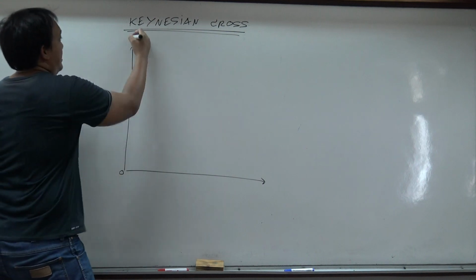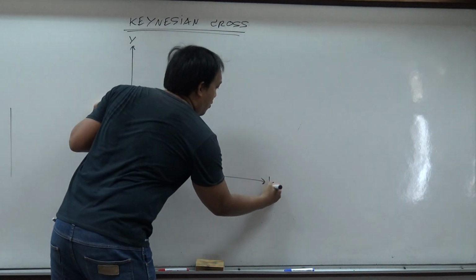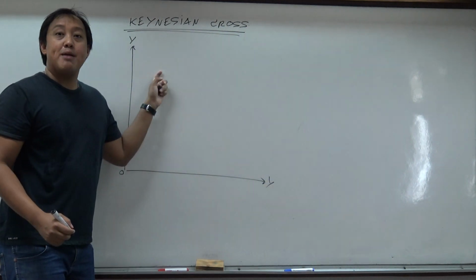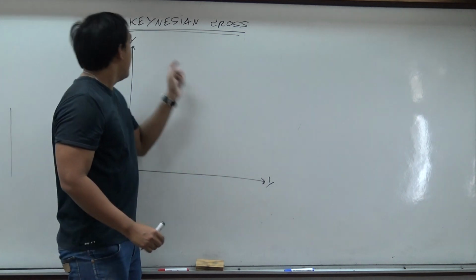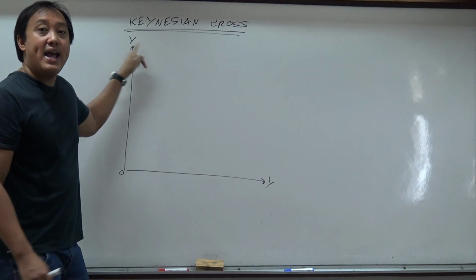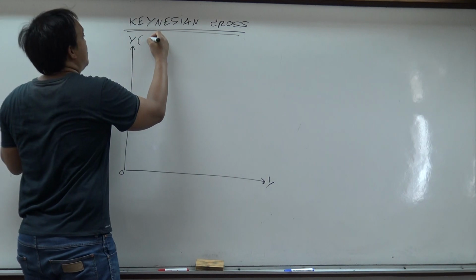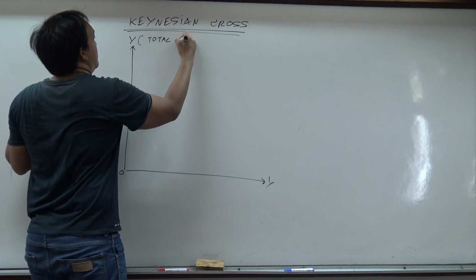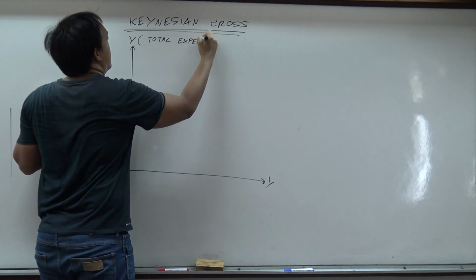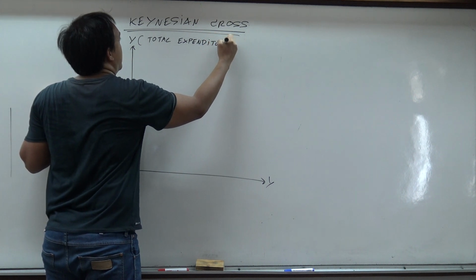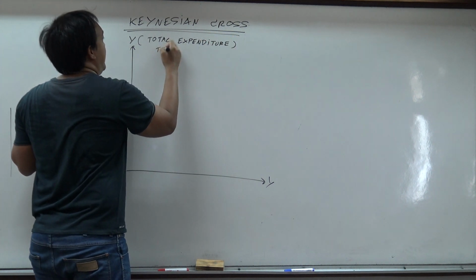This is Y. This is also Y. Same Y, but different meaning. This one stands for Y as total expenditure, and I'm going to use TE.